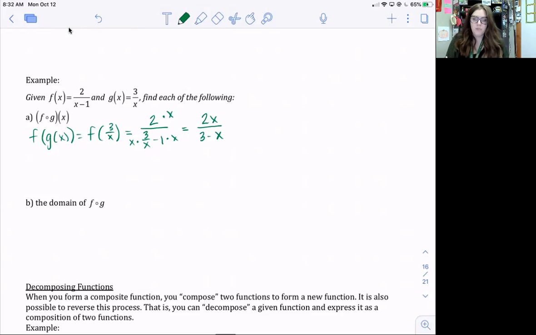So if we want to find the domain, the first thing we want to look for is the domain of g of x. Okay, well, from g of x, we know x cannot equal 0.